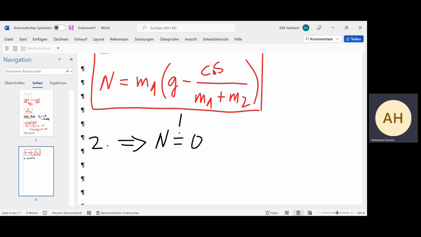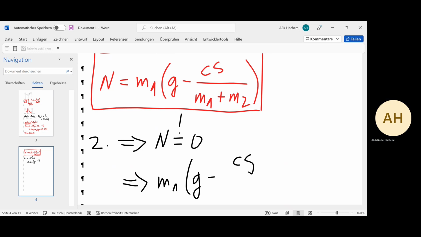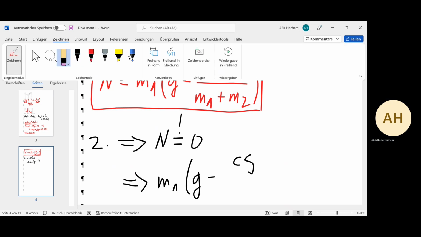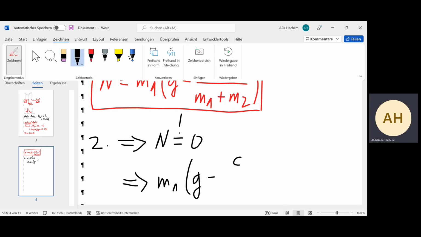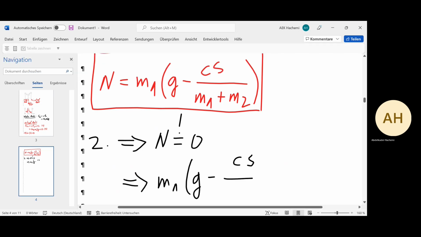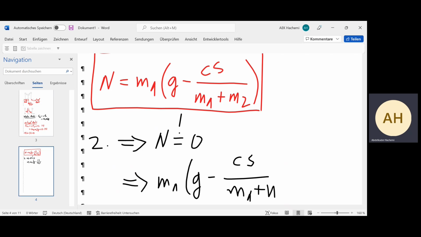In this case, we have now M1 multiplied by G minus CS, divided by M1 plus M2, must be equal to 0.